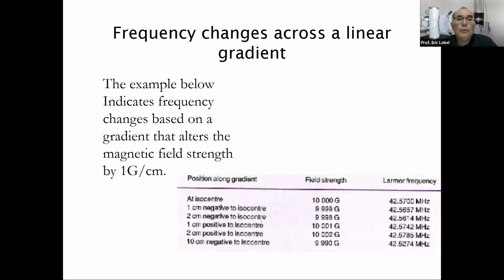So what we can see here is how gradients generally work. They're measured in Gauss per centimeter. If we use an example of 1 Gauss per centimeter, and that's not necessarily a default number, but it's good as an example, we can see that across just a few inches off of the isocenter, which is the middle, right?